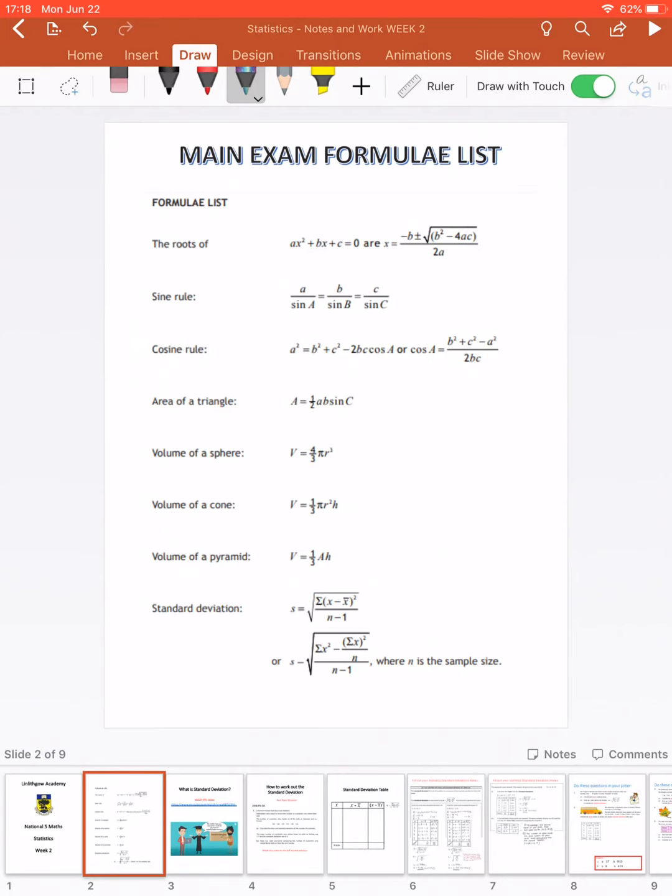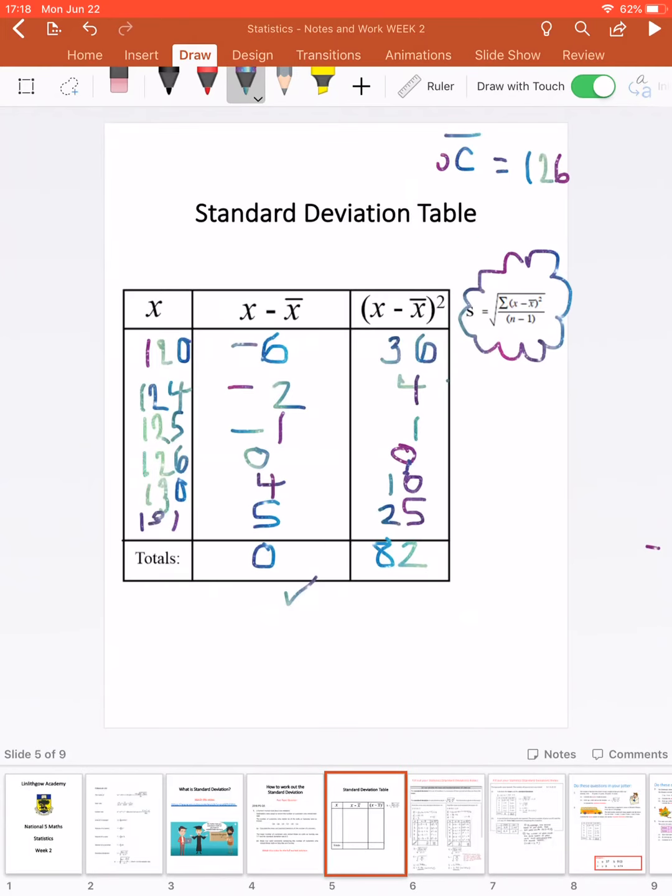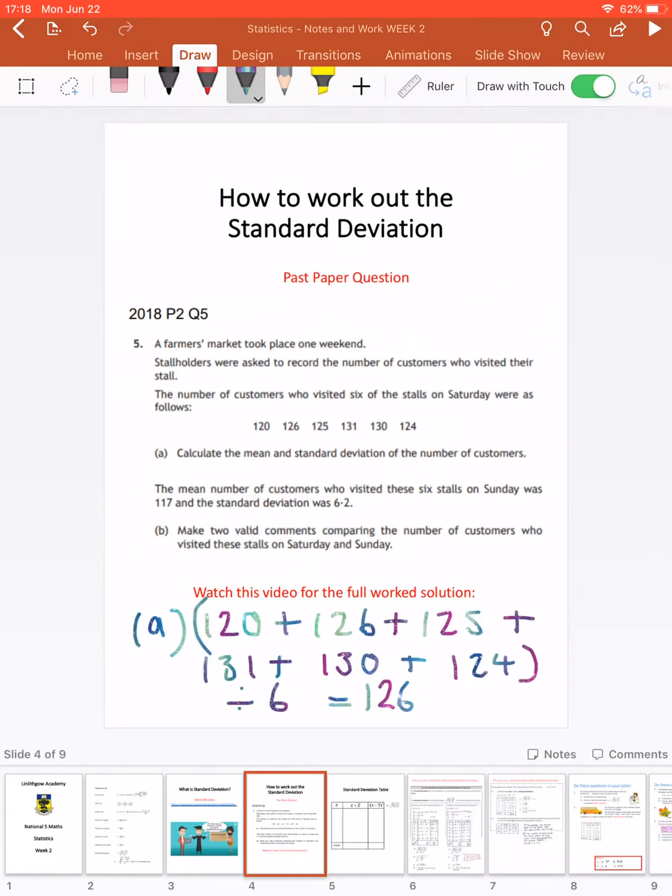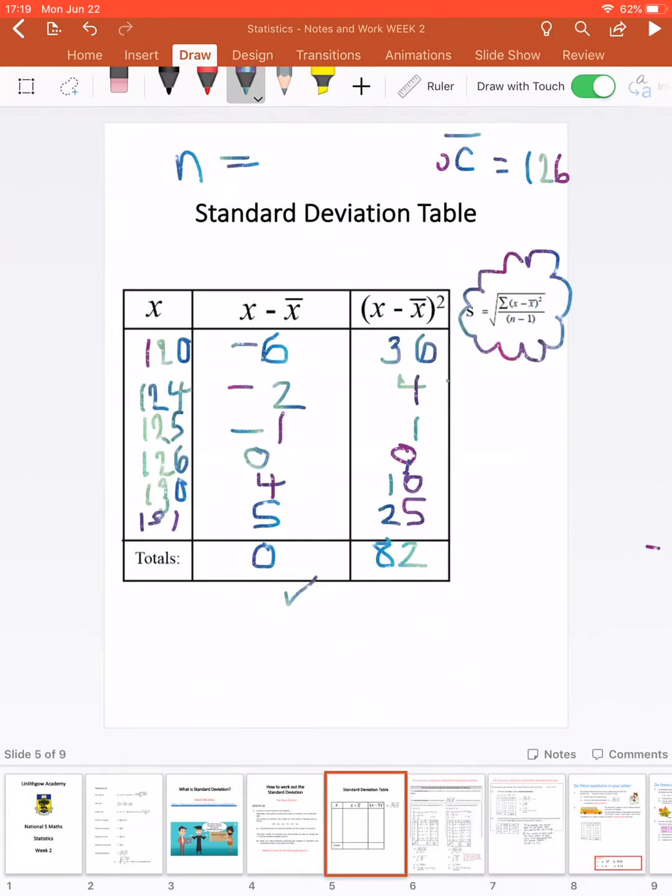It's the square root of the sum of the last column, x minus x bar all squared, all over n minus 1. Now I'm going to just write at the top here what n is. N was the number in our data set, so the number of numbers. We have 6 numbers in the question. So n equals 6.